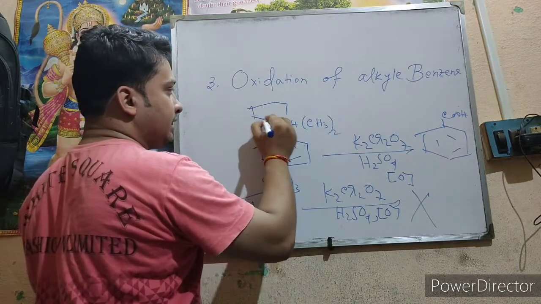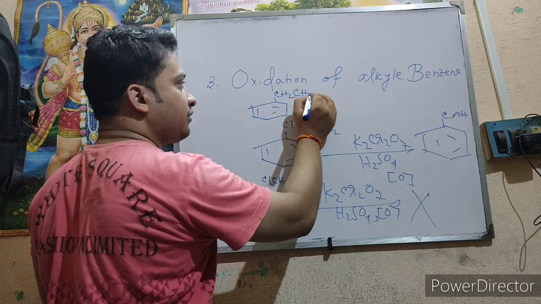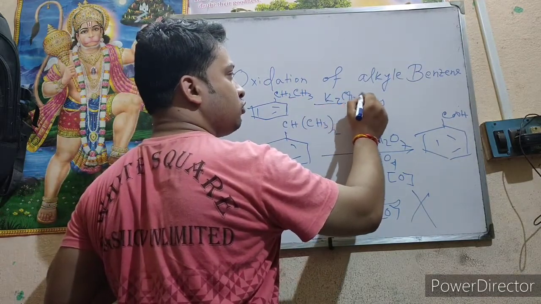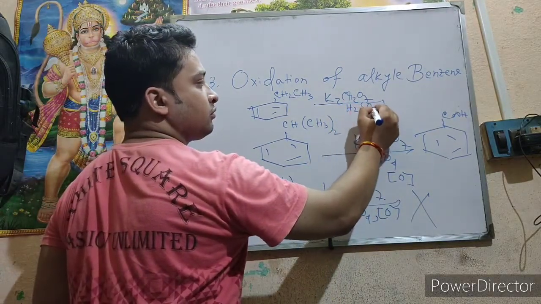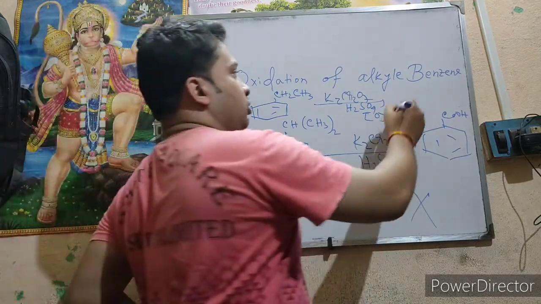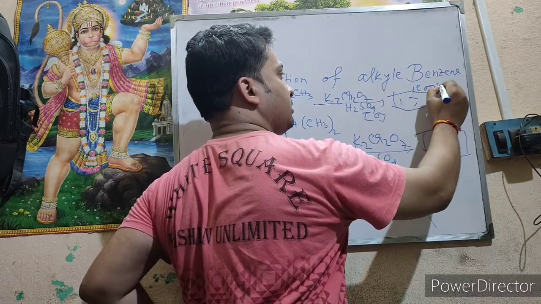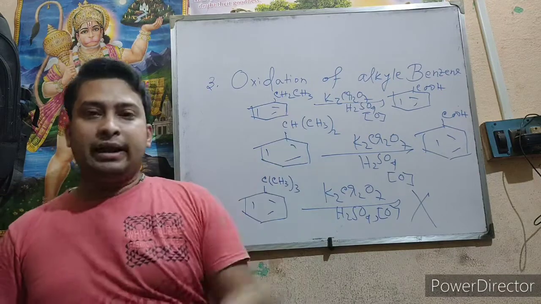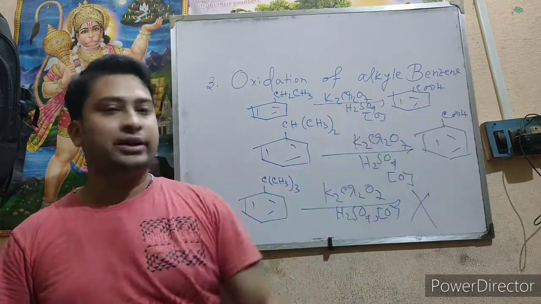Okay, so firstly I give you this product, that is CH2CH3. Then I take K2Cr2O7 and H2SO4 with German oxygen. So you get this benzoic acid. Just think about it. You take primary groups, you oxidize it, you get COOH.